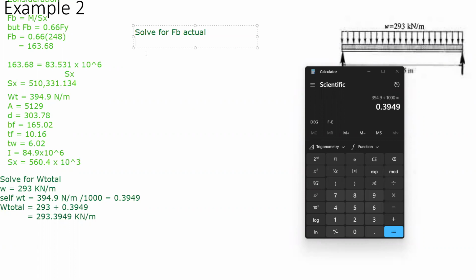To solve for FB actual, this is just the moment divided by SX. So our moment is WL squared over 8.